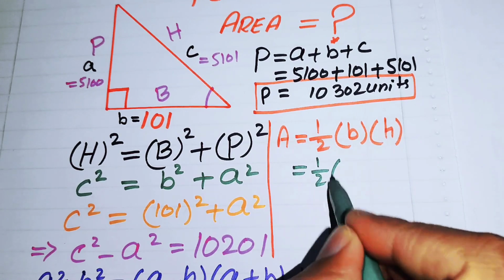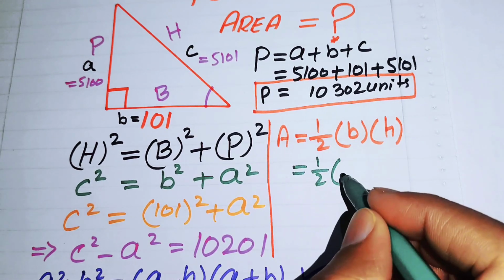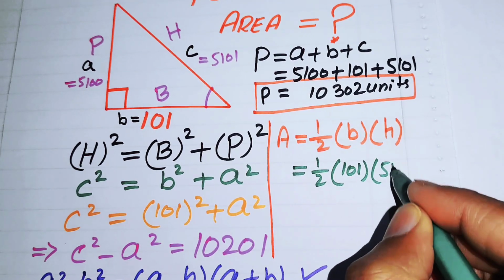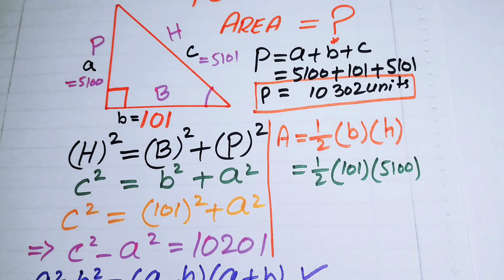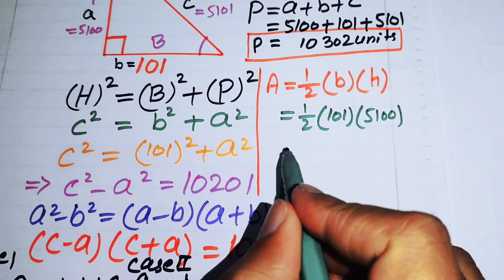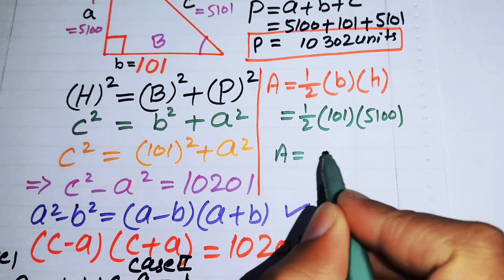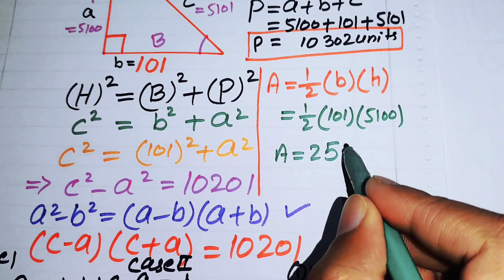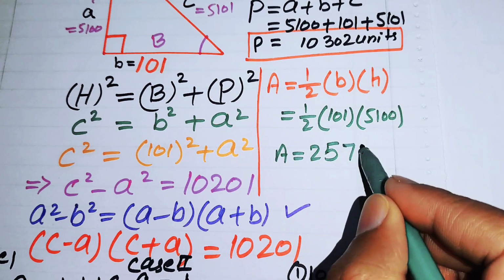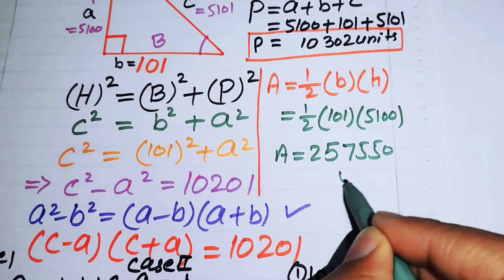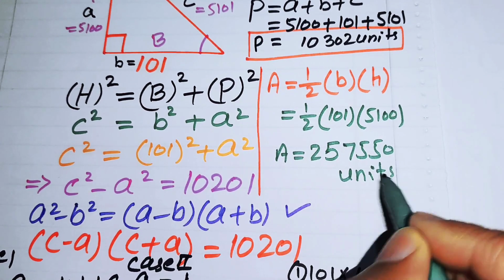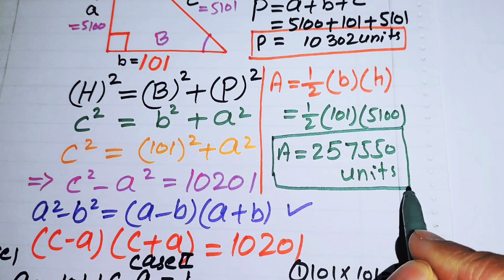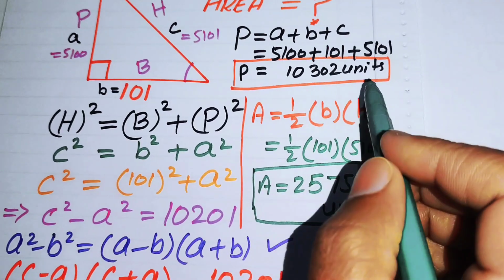Our base b is 101 and our height is 5,100, and when you solve this equation you get the area as 257,550 square units. So this is the area of the given right triangle and this is the perimeter.